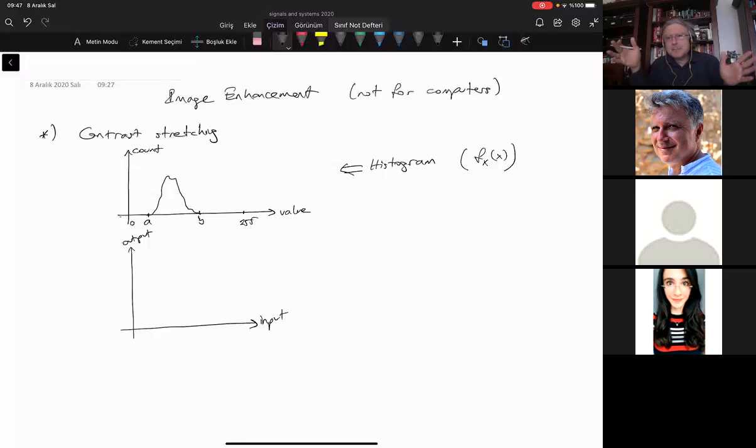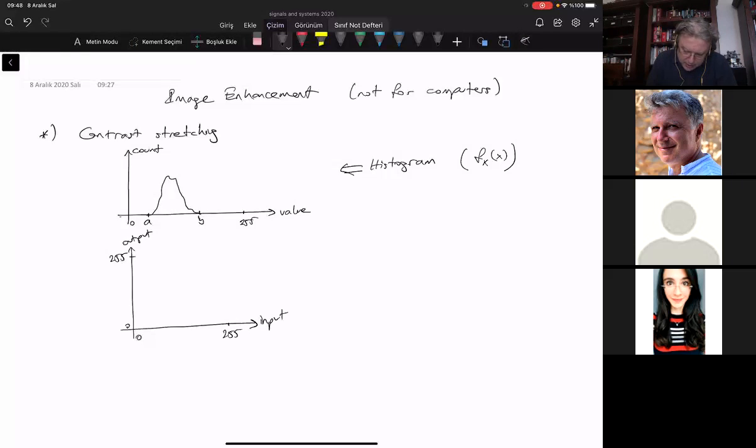You cannot change the amount of variation of intensities, but you want to spread them for A being the minimum and B being the maximum available. What is the minimum and maximum? They are 0 and 255. So the input is ranging from 0 to 255, and the output is also ranging from 0 to, let's say, 255. Let's assume that they are the same points.